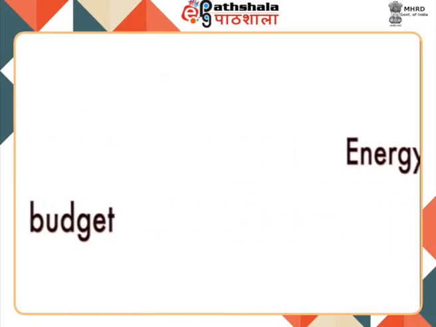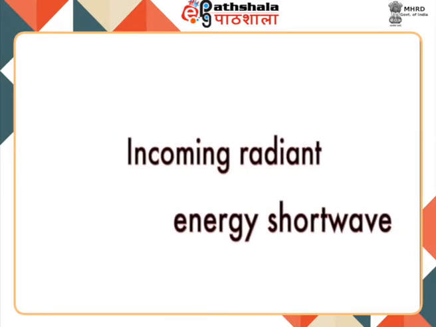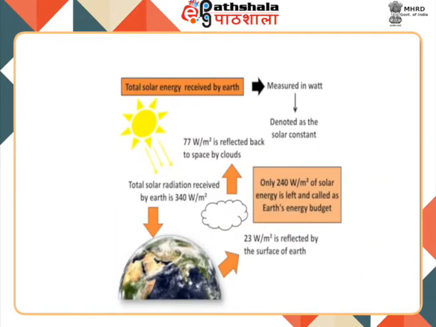Energy budget. Incoming radiant energy, shortwave. The total solar energy received by Earth is measured in watts and denoted as the solar constant. It is estimated that total solar radiation received by the Earth is approximately 340 W/m2, out of which approximately 77 W/m2 is reflected back to space by clouds and the atmosphere.